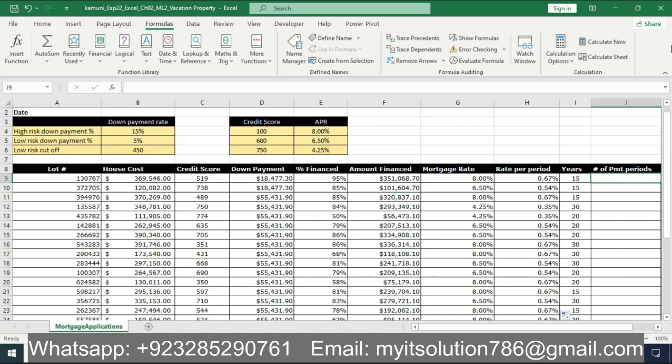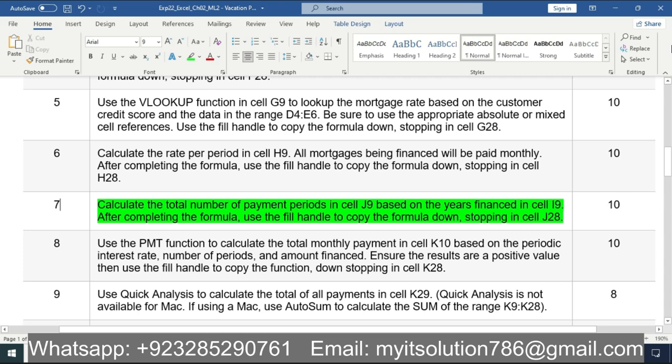So we put the formula I9 multiplied by 12. So press enter, and it is also saying to use the fill handle to copy the formula down, stopping in cell J28.